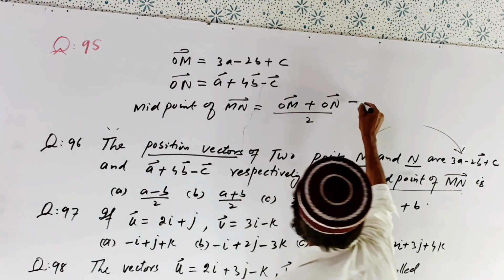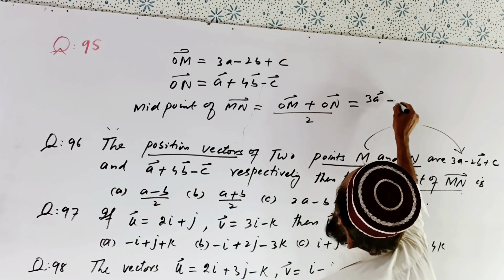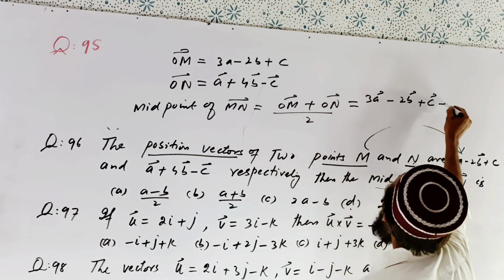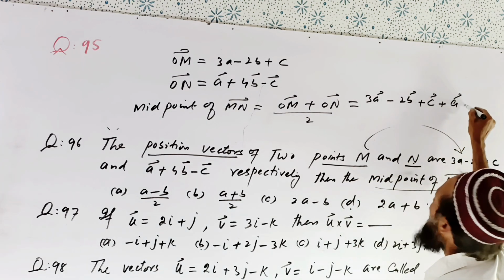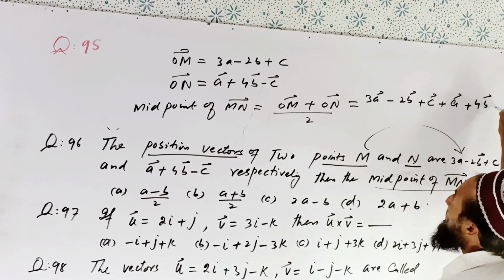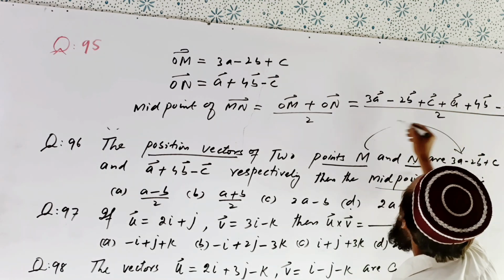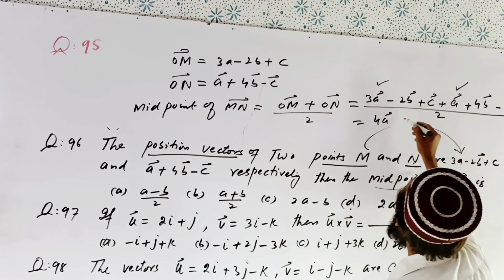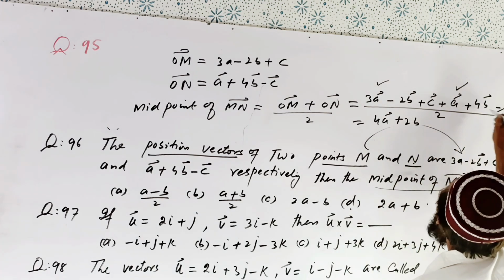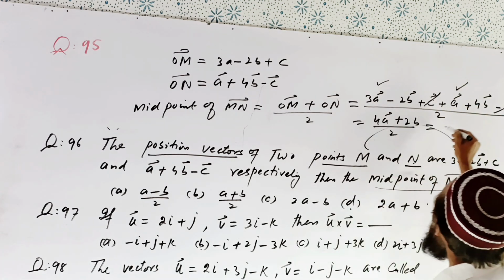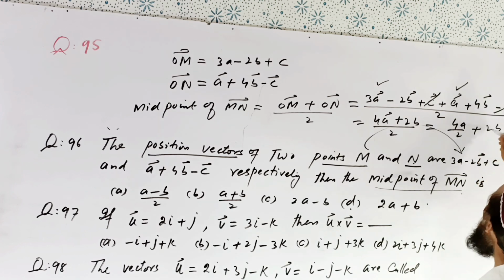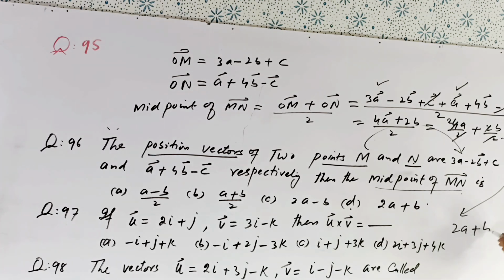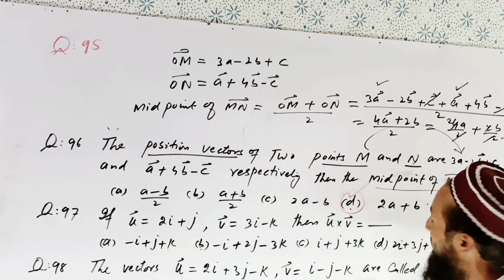We add 3A minus 2B plus C plus A plus 4B minus C, divided by 2. Adding, A with A we get 4A, minus 2B plus 4B gives 2B, C and C are cancelled, divided by 2. So we get 4A divided by 2 plus 2B divided by 2, and we get the result 2A plus B. Checking the options, D is the correct option.